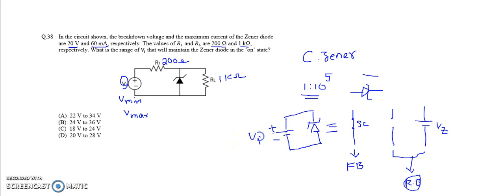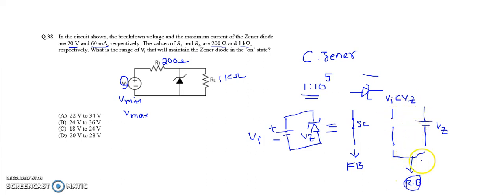If the input is Vi and Vz is the breakdown voltage of the Zener diode, then this equivalent circuit happens whenever Vi is less than Vz. That means the input voltage is less than the breakdown voltage of the Zener diode, and then it simply acts like an open circuit.